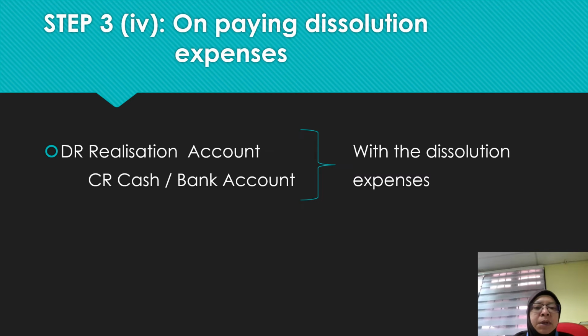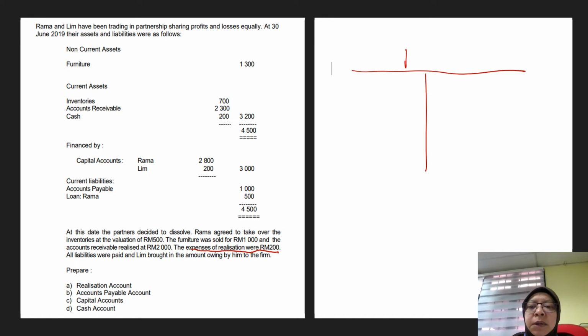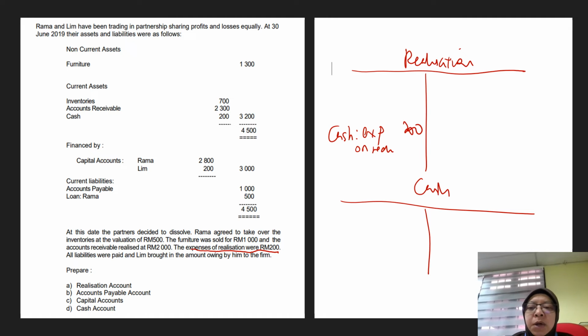That's why the cash account or bank account will be credited, showing we have to pay, and we debit our realization account. Here we have dissolution expenses, or expenses of realization, of 200. So later in our realization account, we put on the debit side the expenses on the realization of 200. And in our cash account, we have here realization of 200.